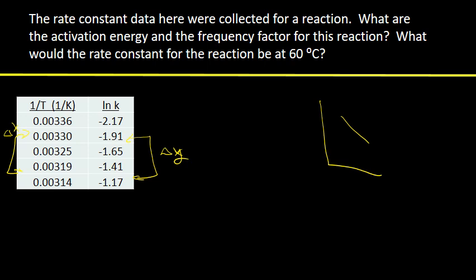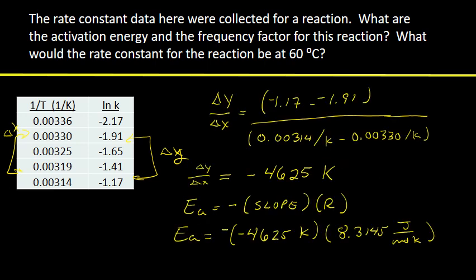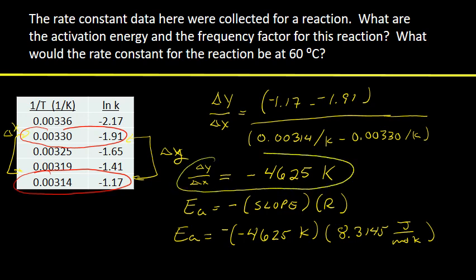So we can do that. Okay, so I ran through this, just choosing a couple of values here, and plugged those in to calculate delta y and delta x. And when I did that, I got a slope of negative 4,625 Kelvin, same units as we had on the last page, as it should be.